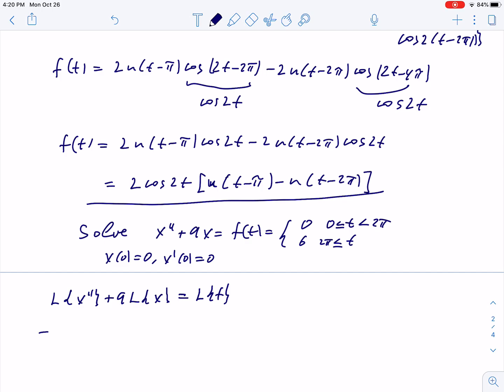Here are the formulas: minus x prime(0), minus s x(0), plus s squared big X of s, plus 9 times big X of s, the Laplace transform of the small x. That's right again, big X of s, this is the Laplace transform of x of t.